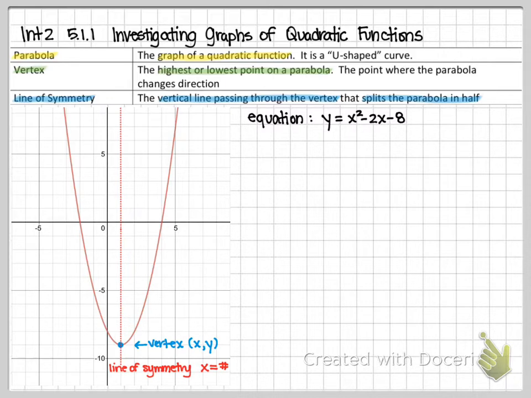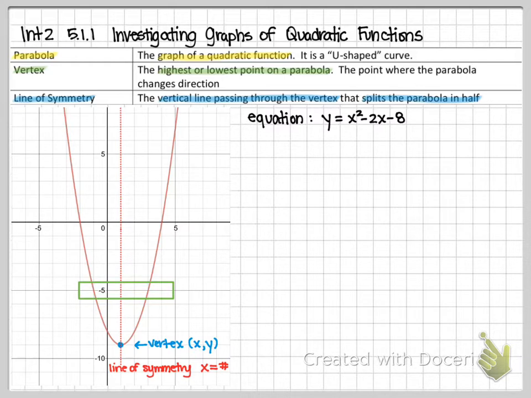Now, the whole idea of symmetry, and this is actually pretty nice, is as you find points on one side of the line of symmetry, you can find its partner point on the other side. So if I pick a location here, I'm going to put a green box around the area I'm looking at. I'm going to go all the way across the graph there.